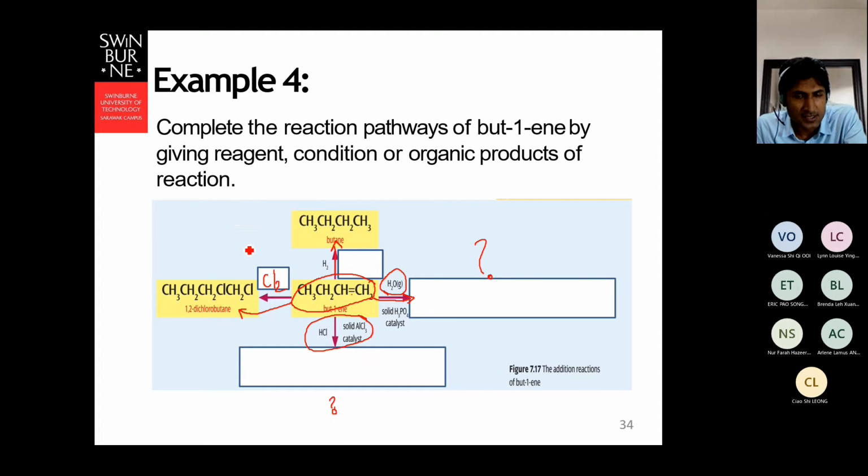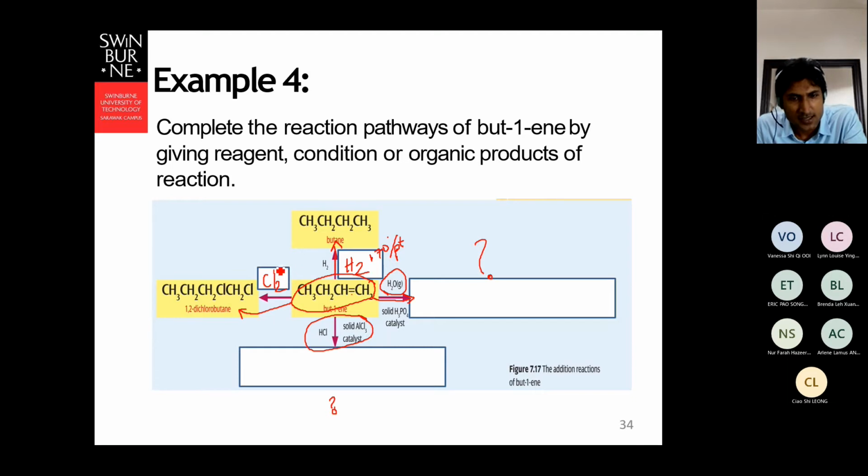This is butane: 1, 2, 3, 4, this is but-1-ene. And then butane is produced if we just add hydrogen gas at 170 degrees centigrade in the presence of platinum catalyst, then it will produce butane gas.